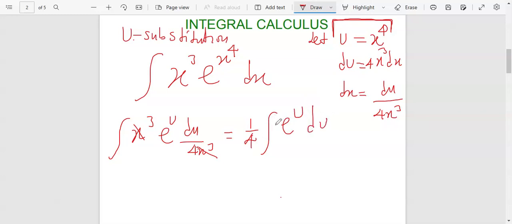Now remember what we said: when you are integrating natural exponentials, you differentiate the power. So we are differentiating u with respect to u. If you say, what's the derivative of x with respect to x?